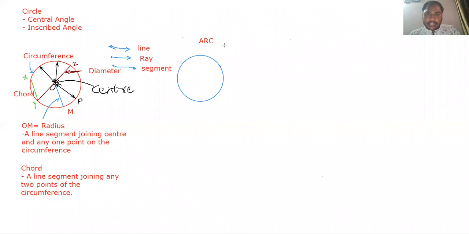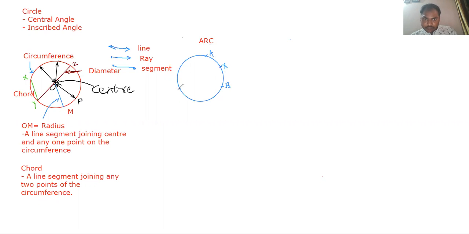An arc is nothing but a small portion of the circumference. See this entire blue color line; this is the circumference of the circle. If we talk about a small portion of the circumference, for example, if I mark this as A, let's say this is X, and let's say this one is B, then this AXB is representing the arc.